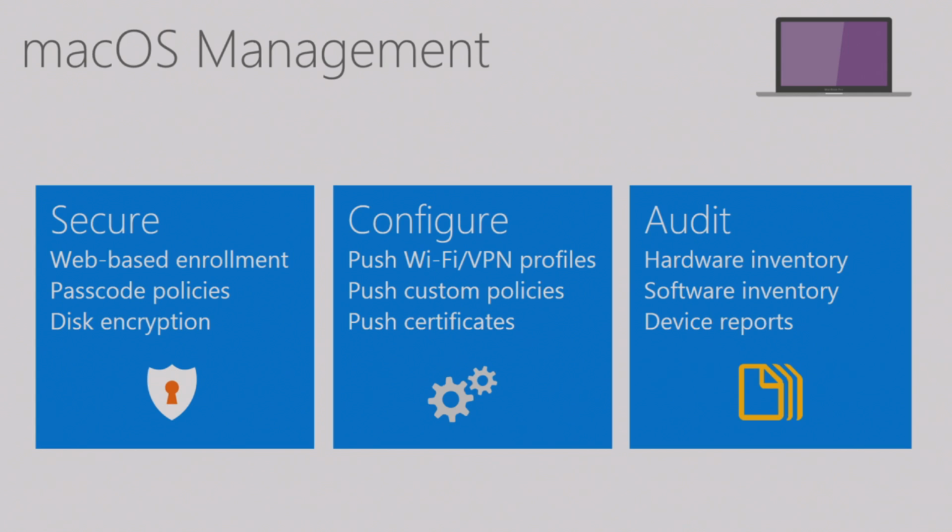And then under auditing, hardware and software inventory, and we also do report on encryption. And now, we understand that this needs to be a whole lot more compelling for you, and we're working hard at that.